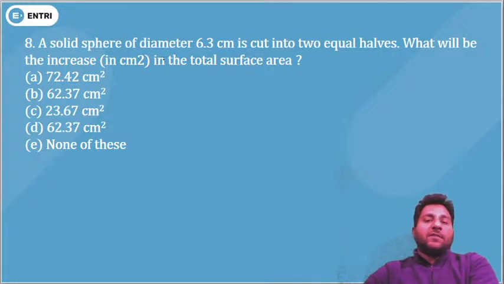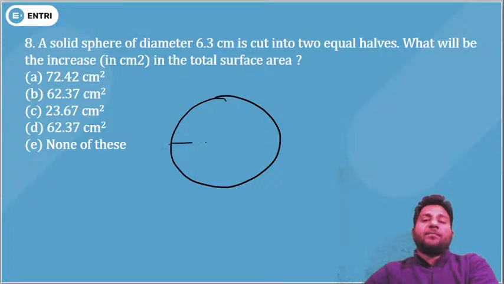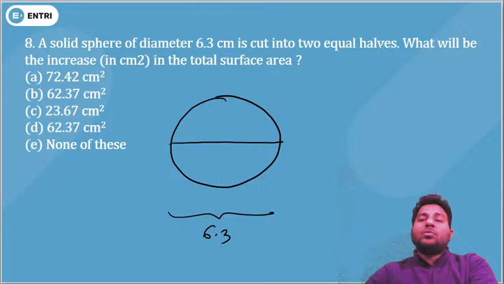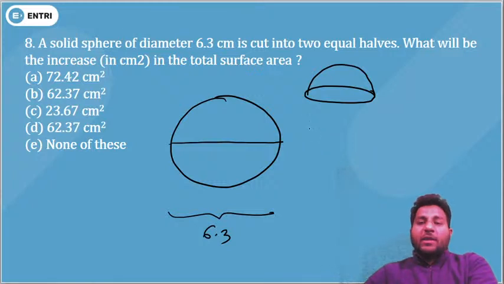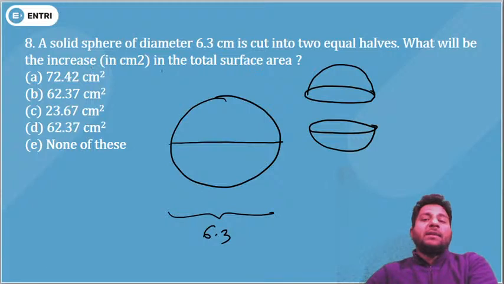A solid sphere of diameter 6.3 centimeter is cut into two equal halves, which means it will be like this. What will be the increase in the total surface area?